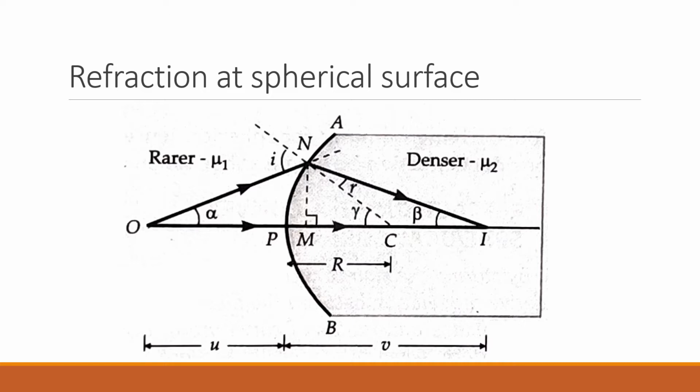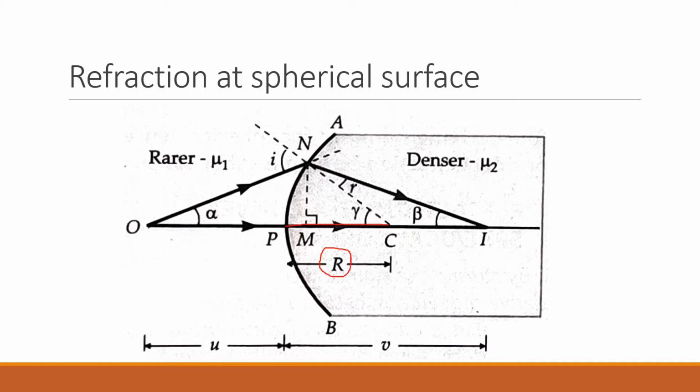Now let P be the pole, C be the center of curvature. If C is the center of curvature, then this distance, which is denoted by R, is your radius of curvature.